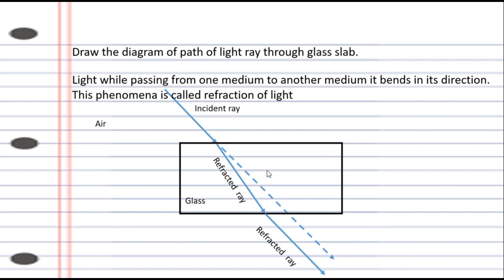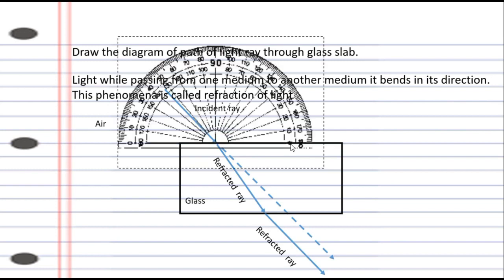Next, you can look at this point here. This is the point of incidence. Now on that point of incidence, you have to keep a protractor, because I want a perpendicular line to be drawn to the plane of this glass slab. So you keep a protractor in this way and find out where exactly is 90 degrees here.